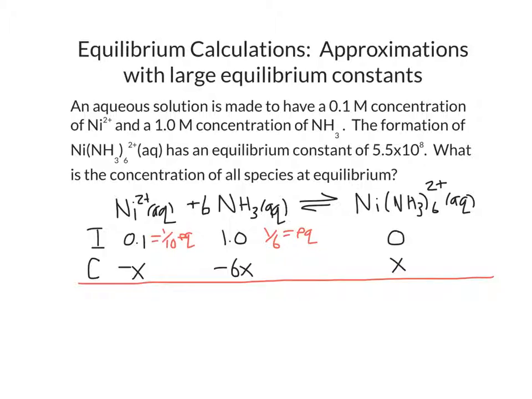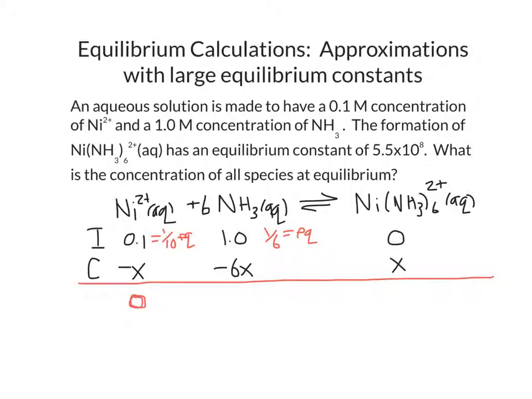And so I have fewer equivalents of nickel than I do ammonia, so nickel is going to be my limiting reagent. So I'm going to use up all of the nickel, meaning that for this limiting reagent problem, my X is going to be 0.1. I'm going to use up all my nickel because that's the limiting reagent.